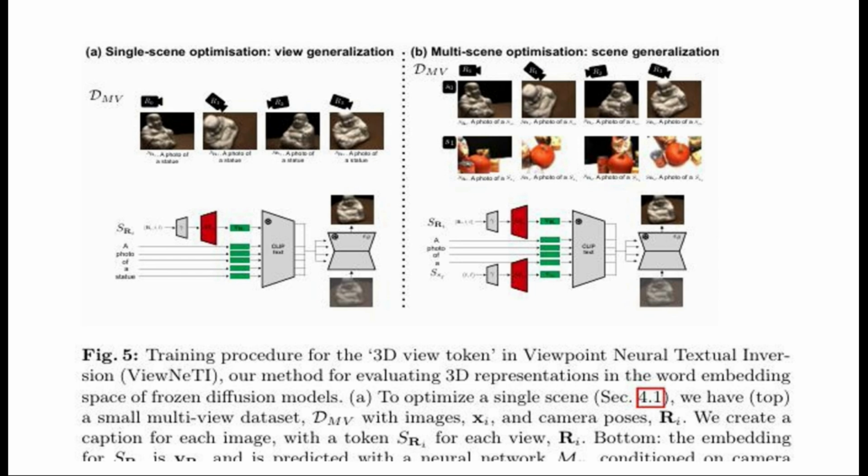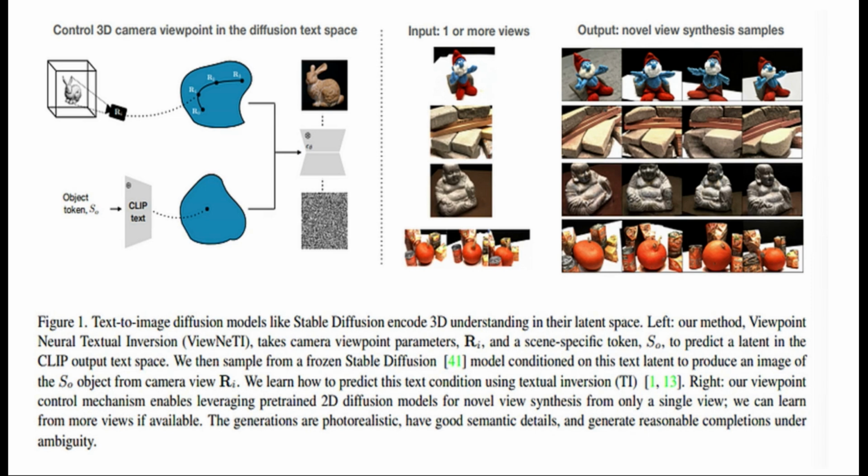So how does this work? Yes, of course, the core idea is to train a small neural mapper that takes camera viewpoint parameters and predicts text encoder latents. So these latents are then fed into a frozen diffusion model, guiding it to generate images from the desired angle. And why is this much more important?